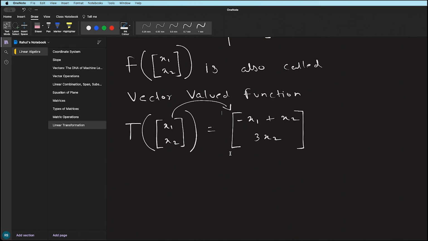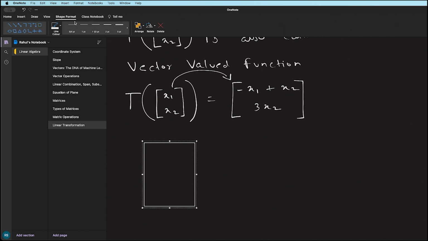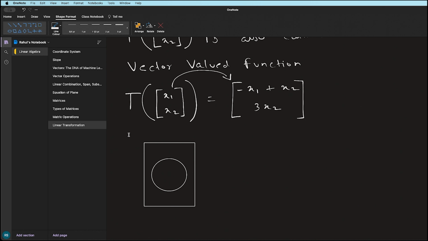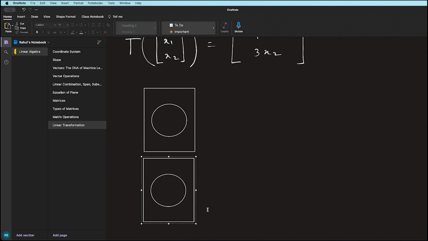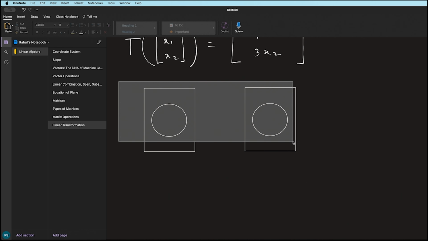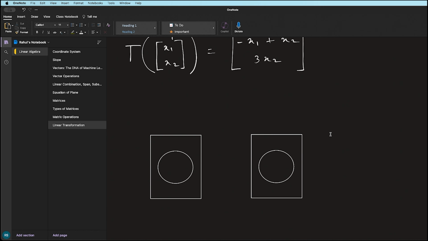So for example, let me draw one diagram here. For example, consider this square box as the R3 space.